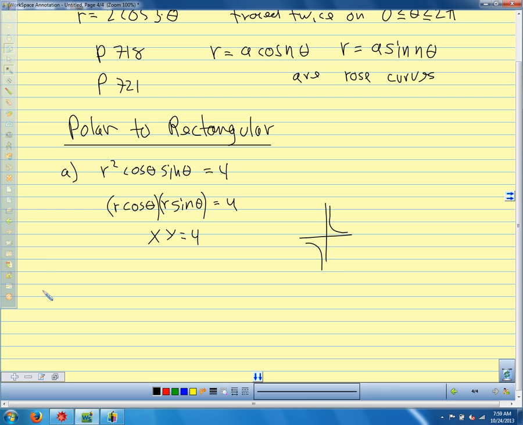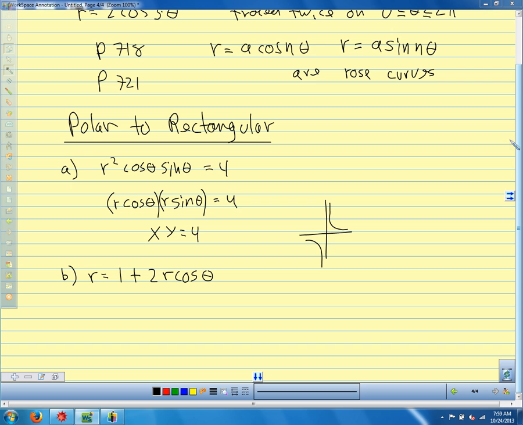All right. Second one: r equals 1 plus 2r cosine theta. What do we want to do with this one?